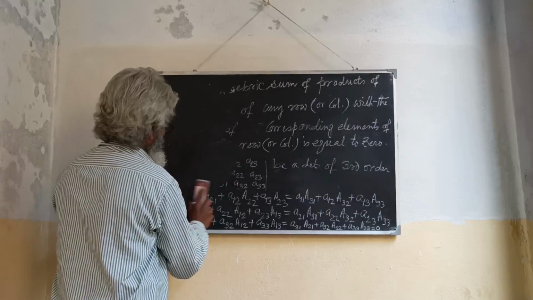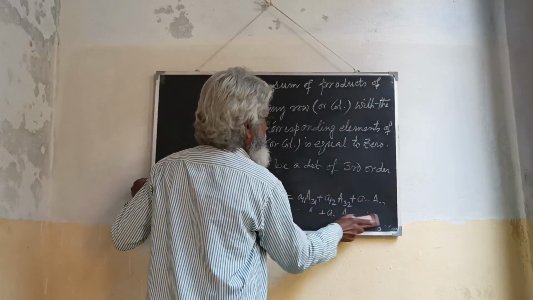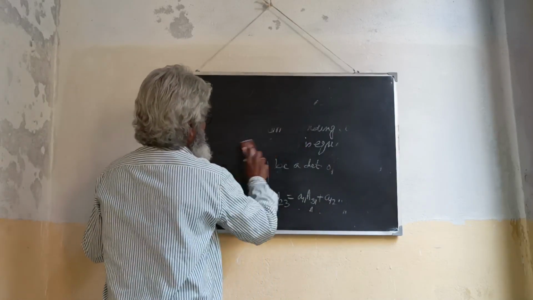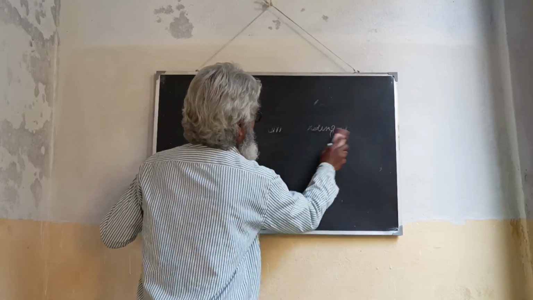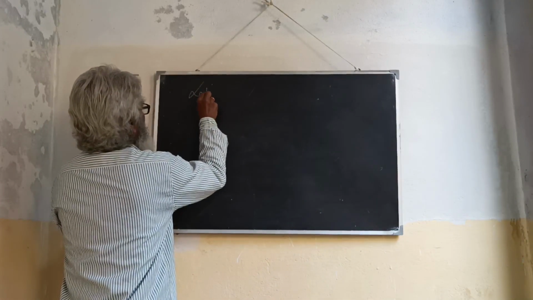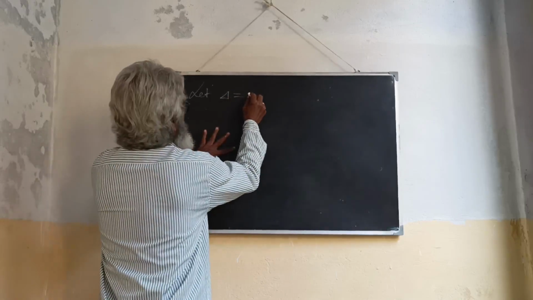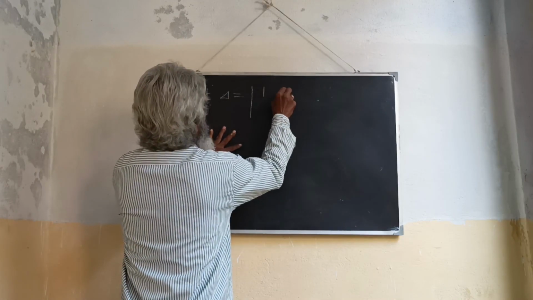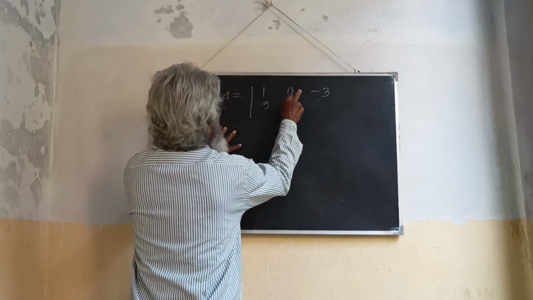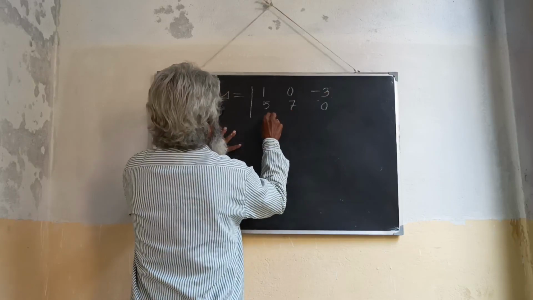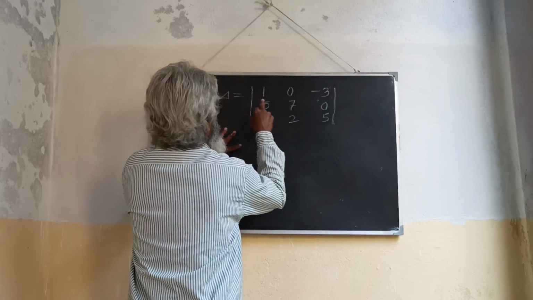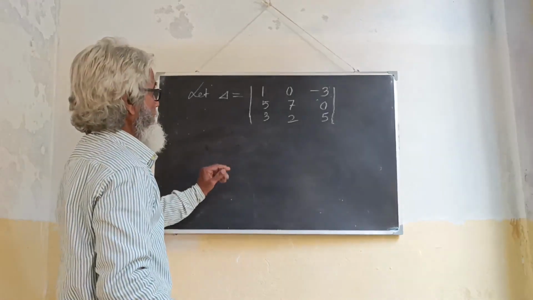Let us consider delta equal to the determinant with rows 1, 0, minus 3; 5, 7, 0; 3, 2, 5, whatever the numerical values may be.